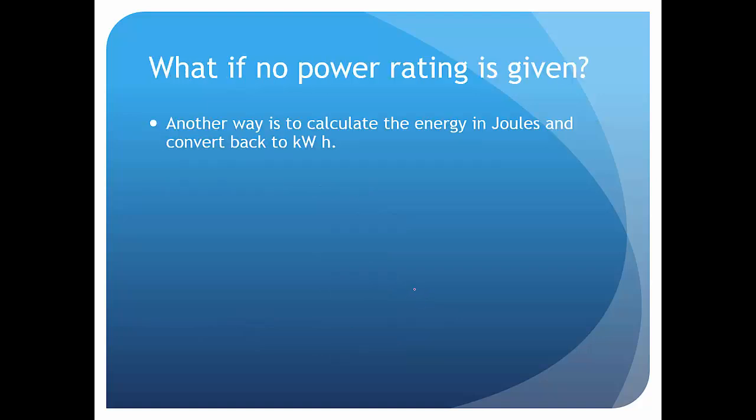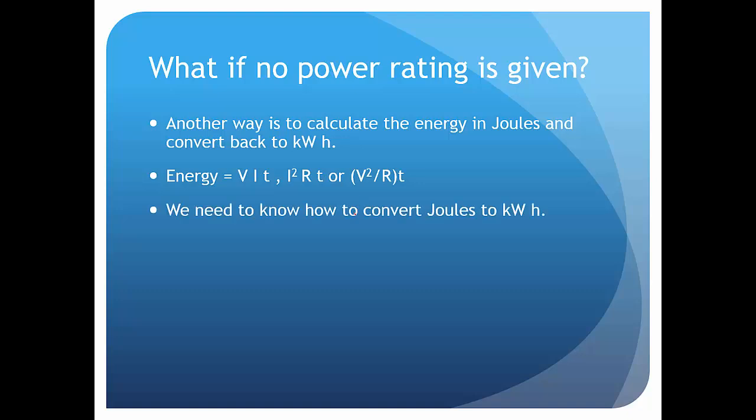Another way is to calculate the energy in joules first and then convert it back into kilowatt hour. The formula for energy is either VI multiplied by time, I squared R multiplied by time, or V squared over R multiplied by time. We also need to know how to convert joules to kilowatt hour. 1 joule is simply 1 watt times 1 second, so it's 1 watt second.